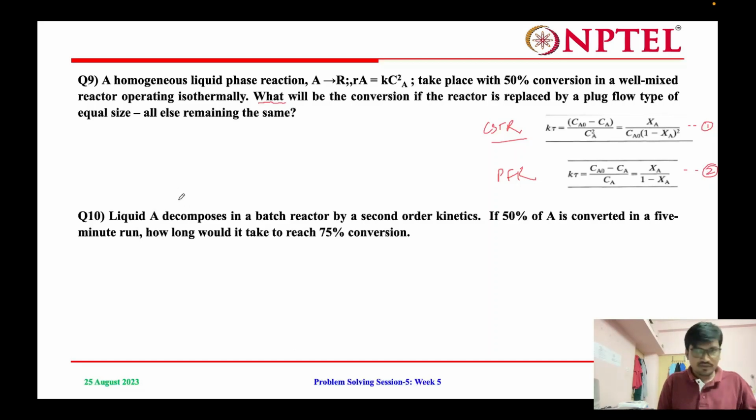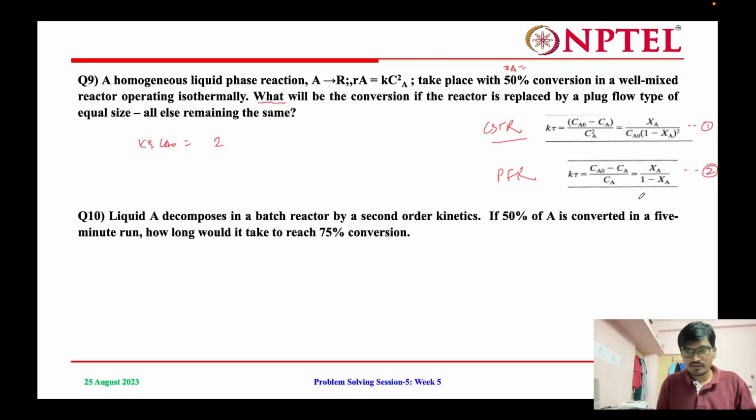So here for CSTR XA is equal to 0.5. So put this value in this equation. So you'll get K tau C naught equal to 0.5 over 0.25, means 2. Right. Now check for the PFR.